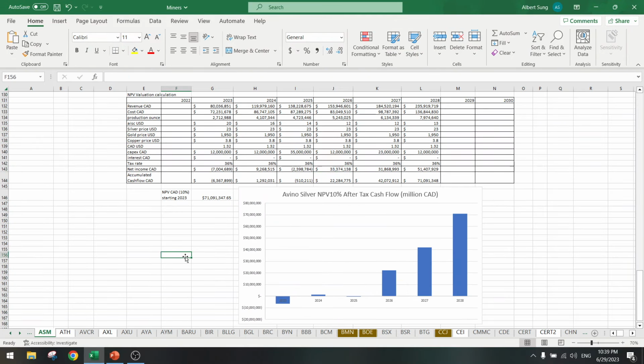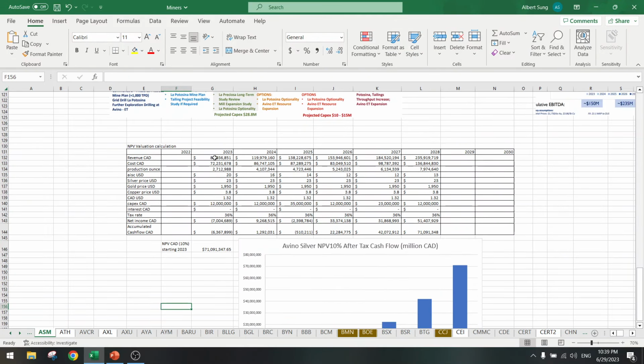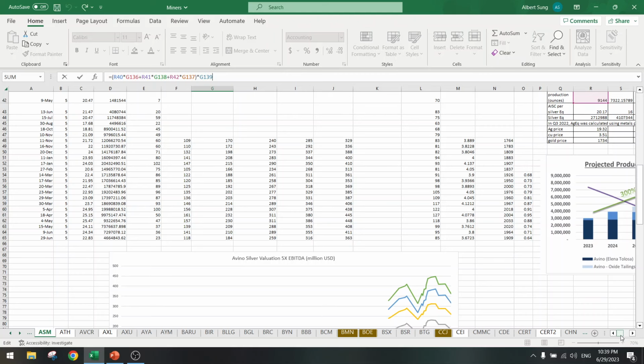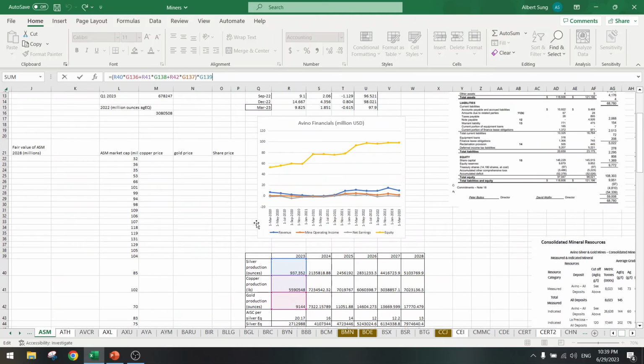Let's look a bit more at the calculations. So here is the revenue using the prices of the metals and using the production numbers here.